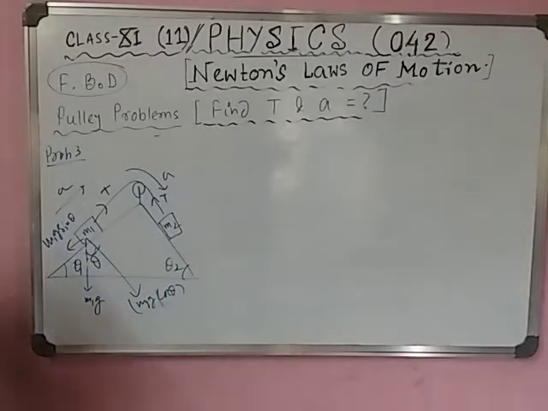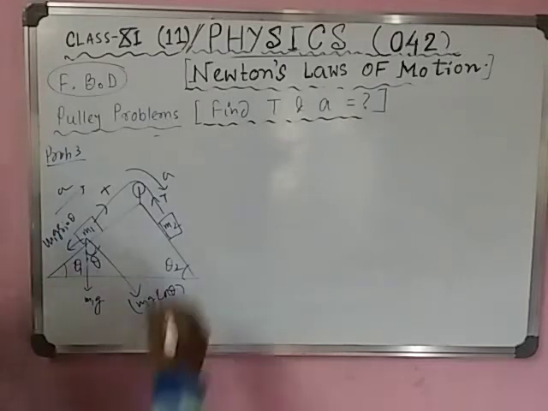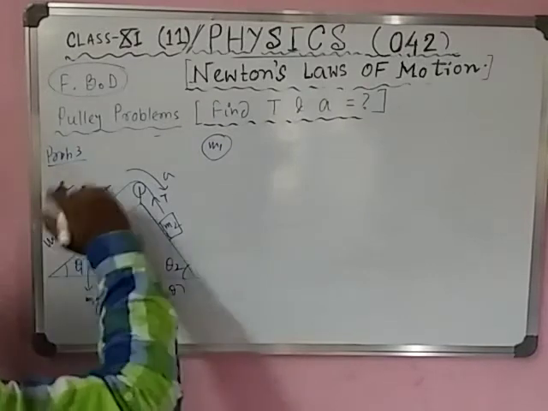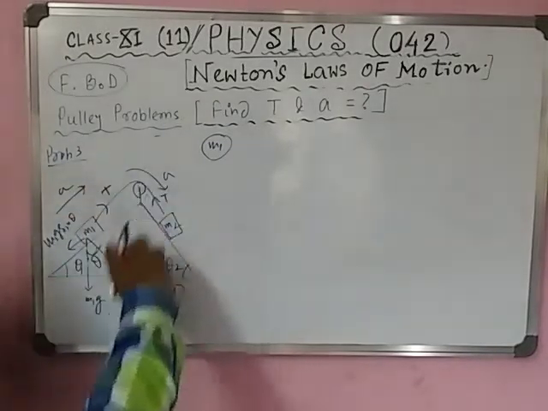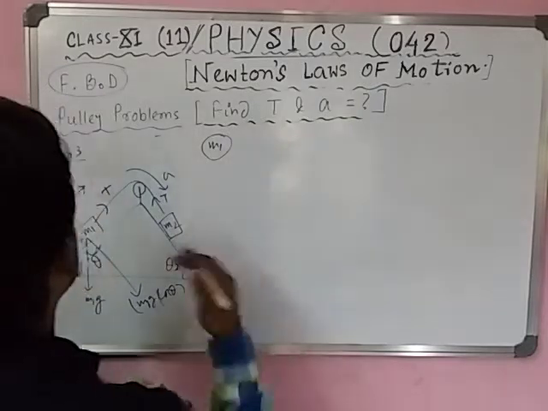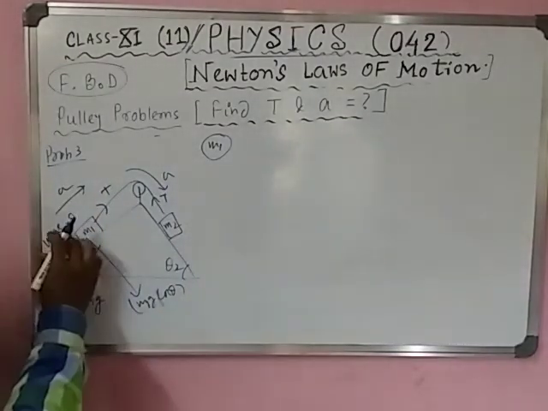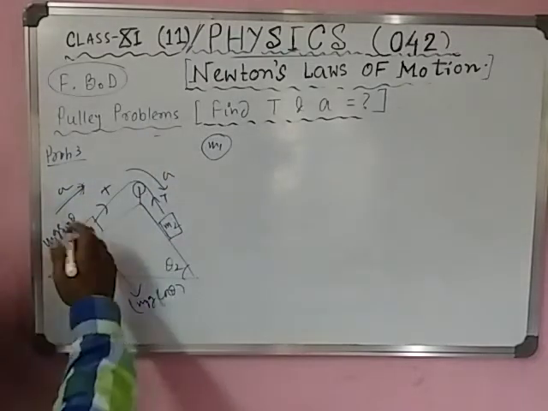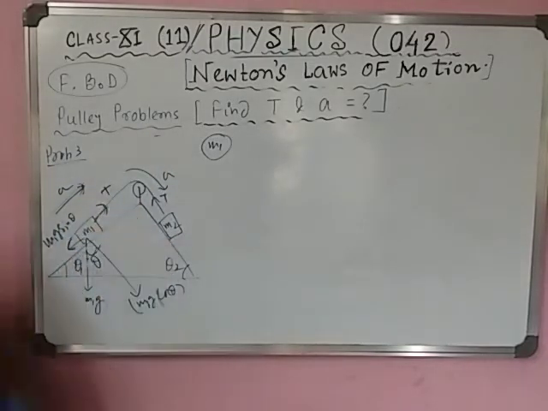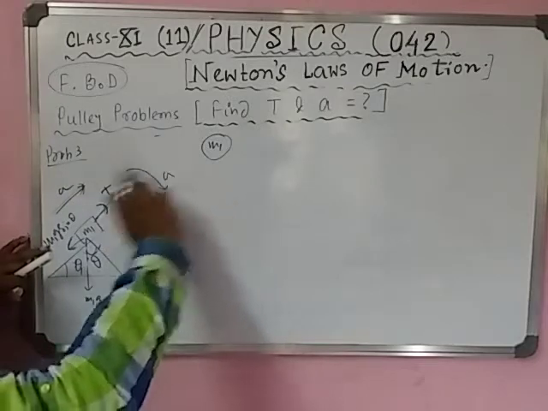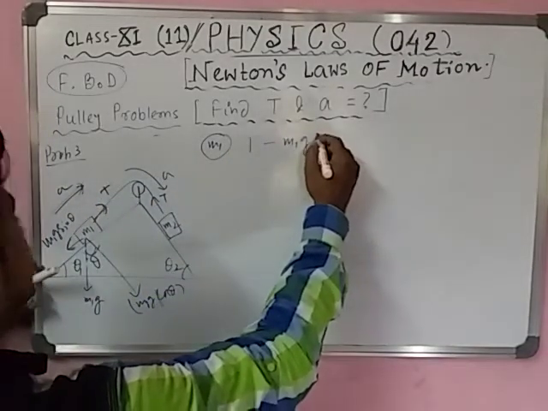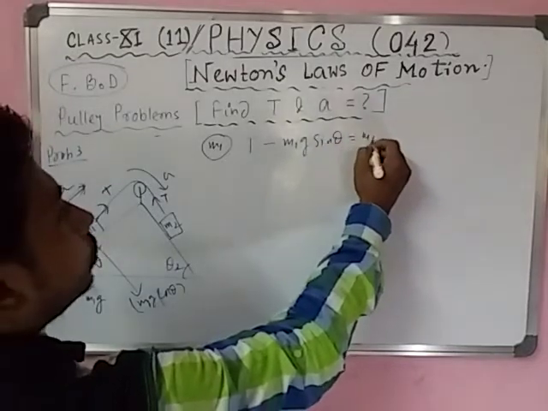Now you tell me, for m1, acceleration is in this direction, tension in this direction. Which one is greater, m1g or tension? Acceleration upward, m1g downward, tension upward. So tension minus m1g sine theta is equal to m1a.